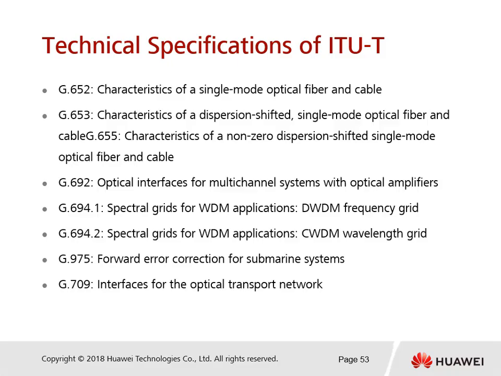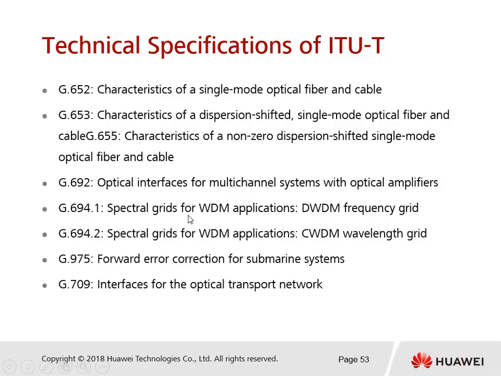So our ITU-T department gives us technical specifications, different rules for different parts. Check this out: G.652, G.653, G.655. I think you are familiar with them. They define the fiber for our WDM network, okay? Single mode fiber.